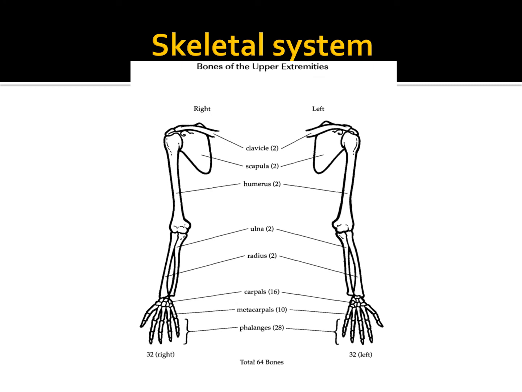Then we go on to the upper extremities, which is your arms and your shoulders. Your collarbone, the very front of your body there, is your clavicle. Your shoulder blade is called a scapula, that is in the back of your body. Then the very large bone of your arm is called your humerus.